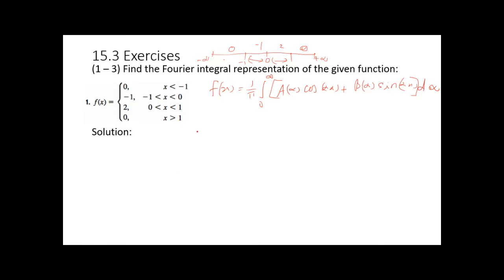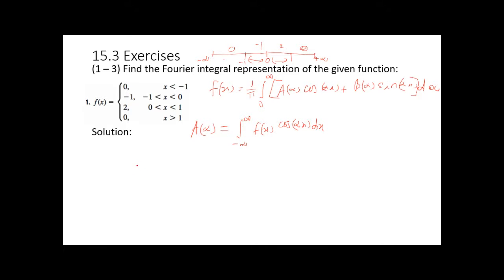So when we find a of alpha, the formula should be from negative infinity to positive infinity, f of x cosine alpha x dx. But we don't want to start from negative infinity, because on other parts it's 0.